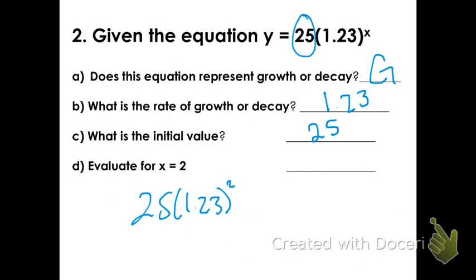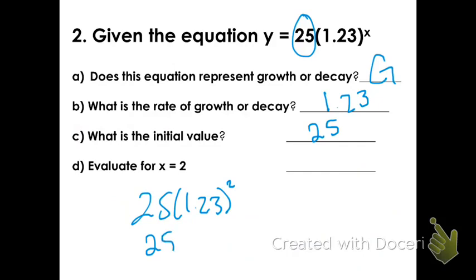All right, let's do 1.23 to the 2nd power. I got, just want to make sure, because I don't know if I got that. Yeah, I got 1.5, okay? 1.5129, but I'm just going to round to 1.5, okay?